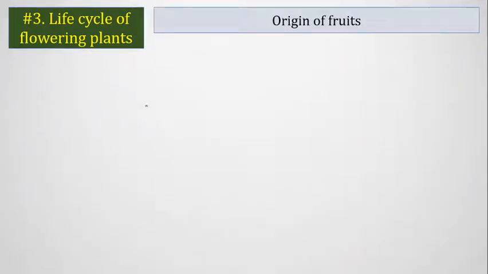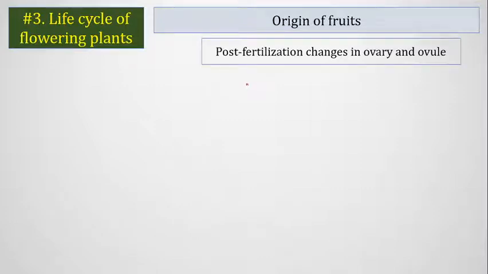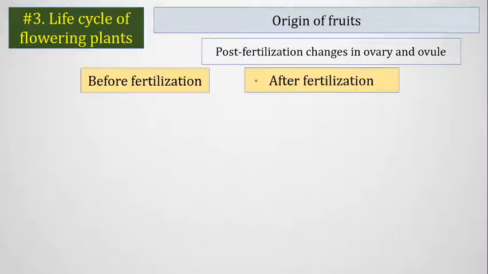Now we will discuss how fruits originate. Fruits originate after fertilization in the flower. So we will discuss the changes that take place after fertilization and what was there before fertilization.